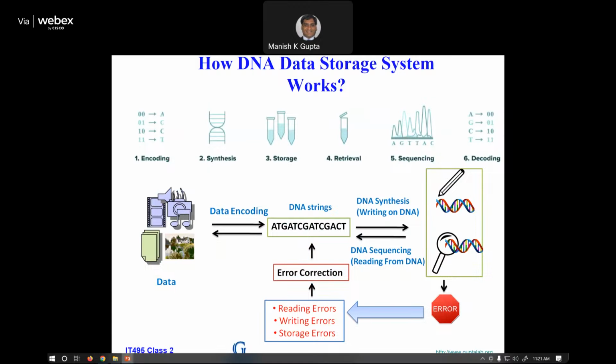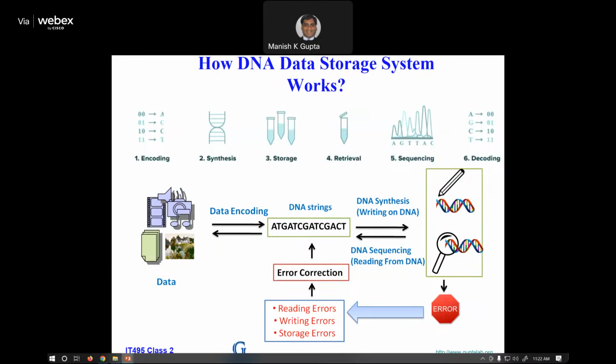In the DNA strand, we should not have AA, CCC, GG, like that. If there is A, the next symbol should be different than A. If there is G, the next symbol should be different than G. So we need some sort of property. This is known as the homopolymer property, or rather the non-homopolymer property. How do we get this?